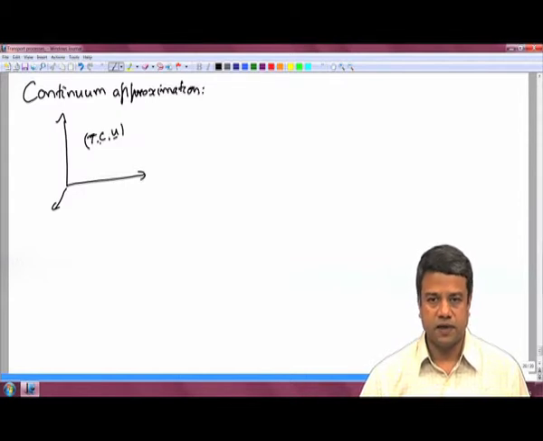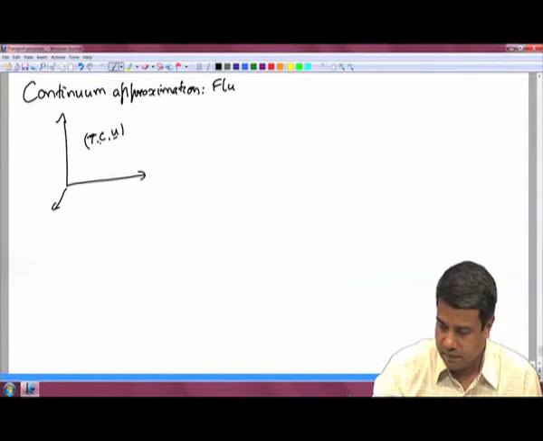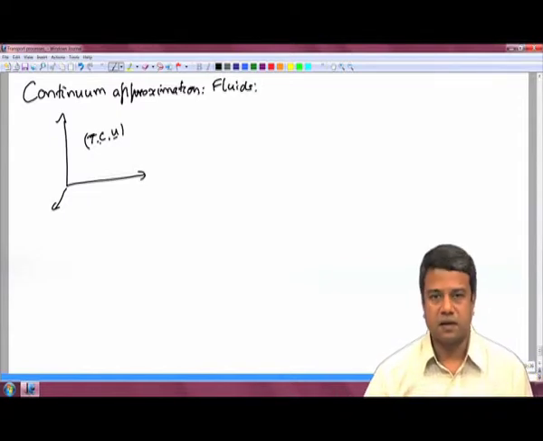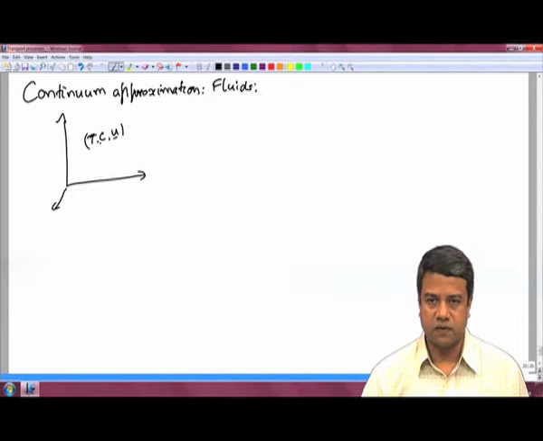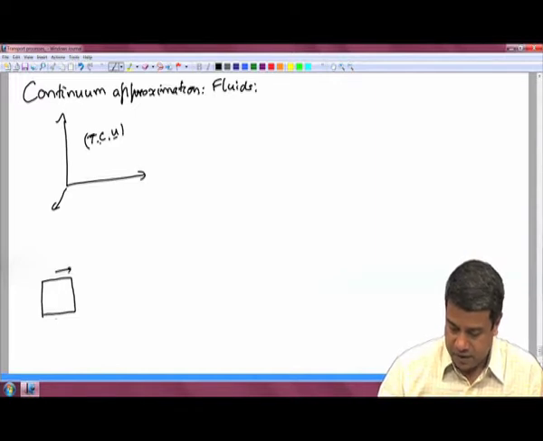These continuum fields are defined within fluids. In this course, we will be dealing primarily with fluids. The difference between solids and fluids is, of course, that for a solid, if you apply some kind of a stress, it will deform for some extent, and then it will stop.